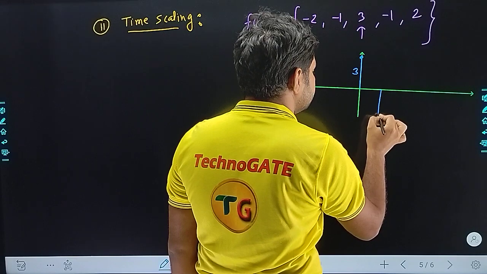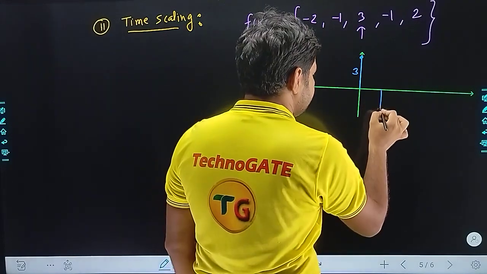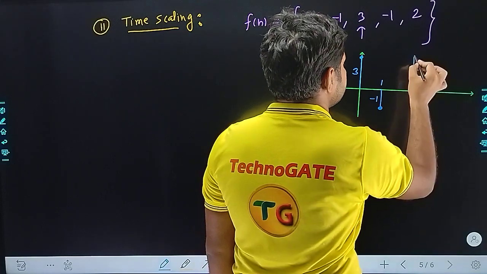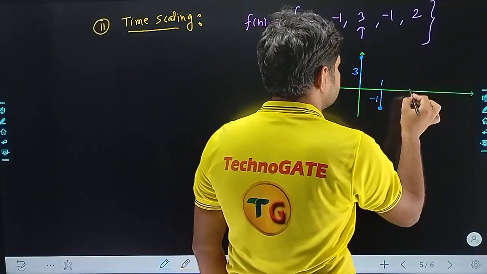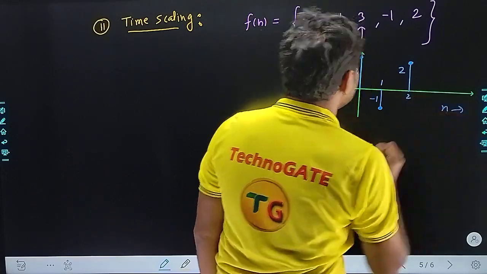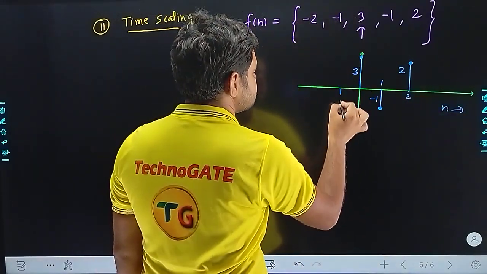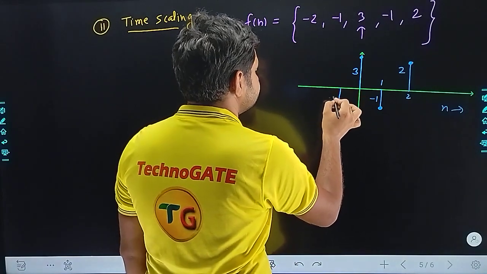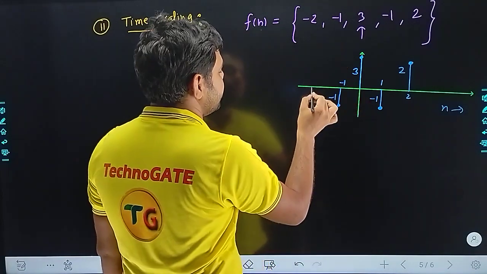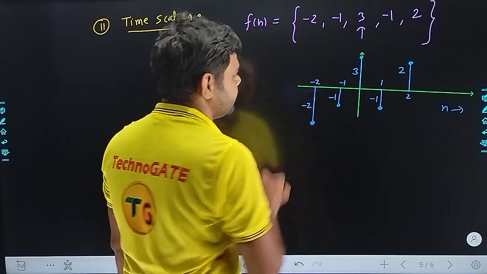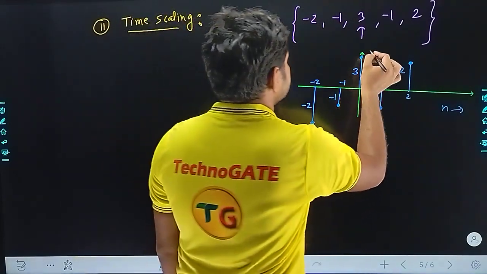At n equal to 1, its sample value is -1. At n equal to 2, its sample value is 2. This is the n axis, and at n equal to -1, its sample value is of course -1. At n equal to -2, its sample value is -2. Okay, this is f of n that we have.